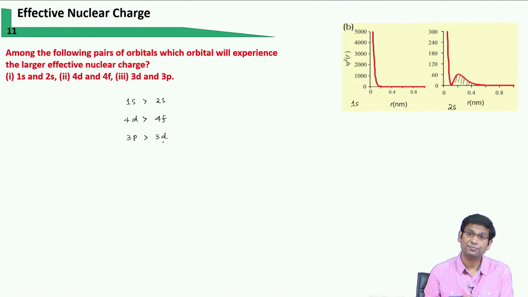If the number of protons is greater in a particular nucleus, and the electrons are in the same orbital, in this case both in 3p orbitals with the same principal quantum number, then the greater the positive charge, the greater the effective nuclear charge, because more positive charges are attracting these electrons. So this is how we handle effective nuclear charge.